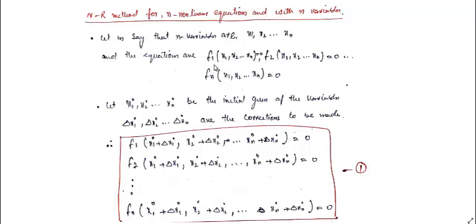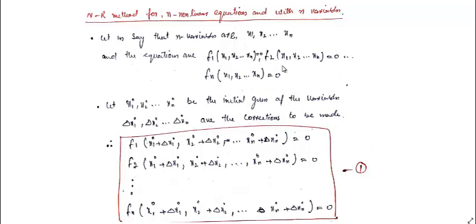The first one is f1, which is a function of all the variables x1, x2 up to xn. We have f2, which is again a function of all the n variables x1, x2 up to xn, and so on up to the nth equation fn, which is also dependent on all the variables x1, x2 up to xn, equal to 0.